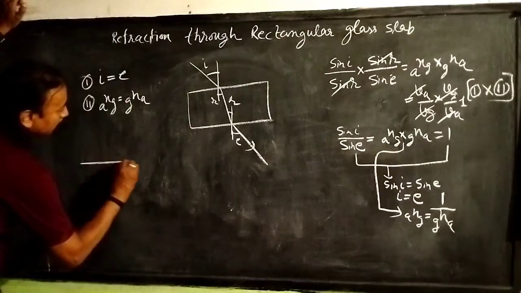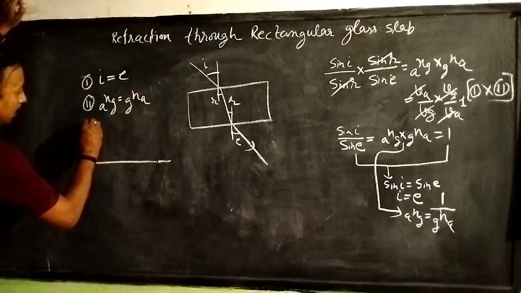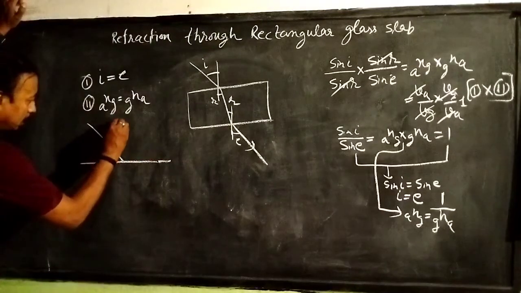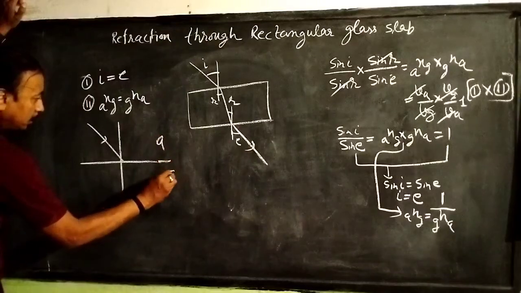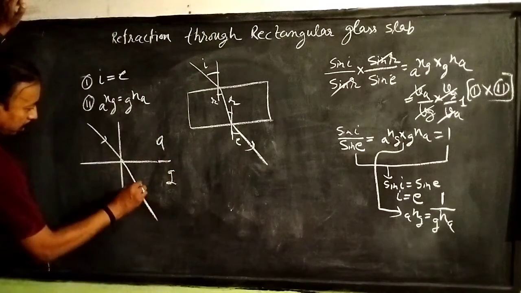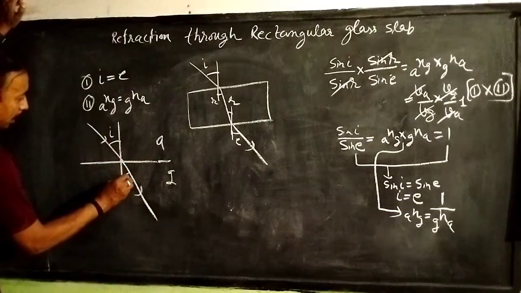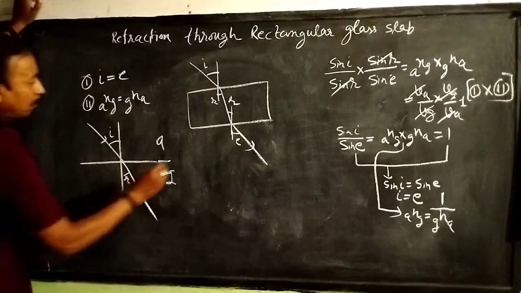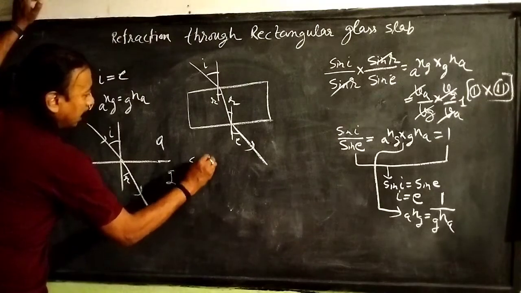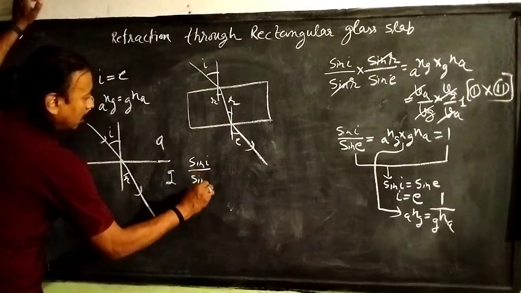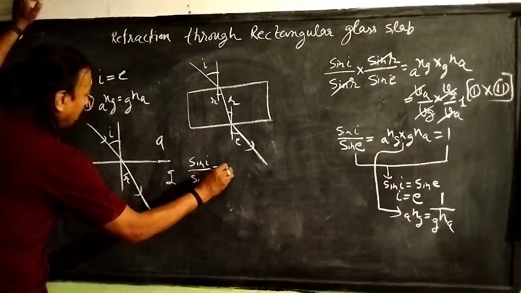What is that thing? When this is the incident ray for surface AB, and this is the refracted ray, suppose this is I, this is R, then sin I by sin R equals aμg.